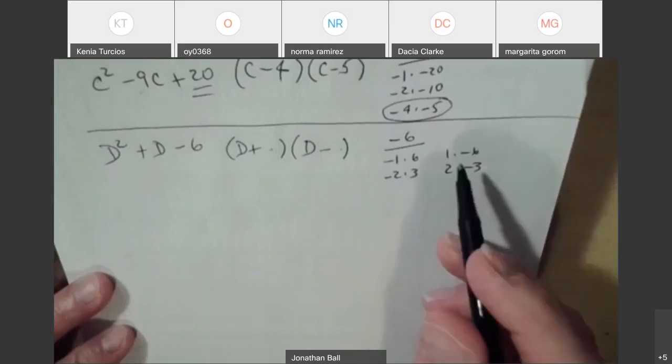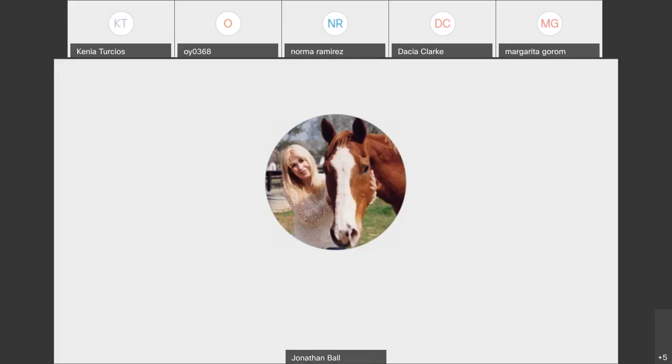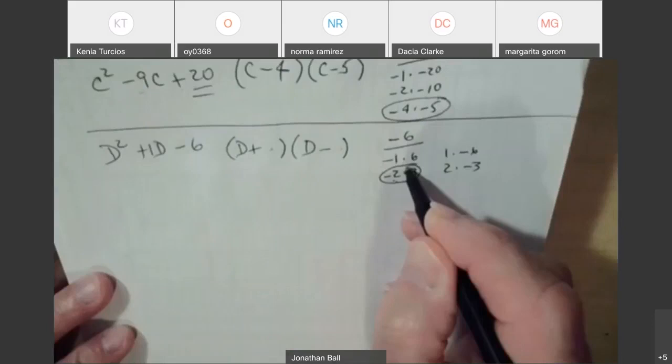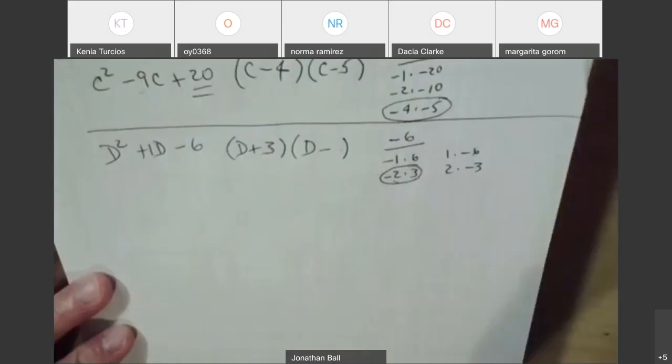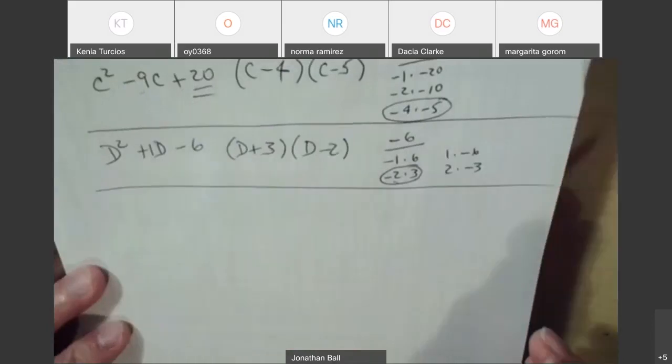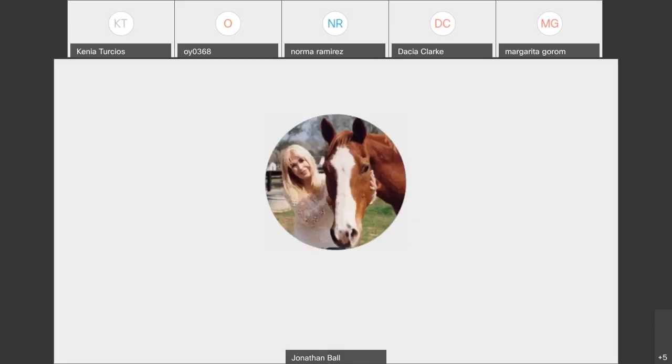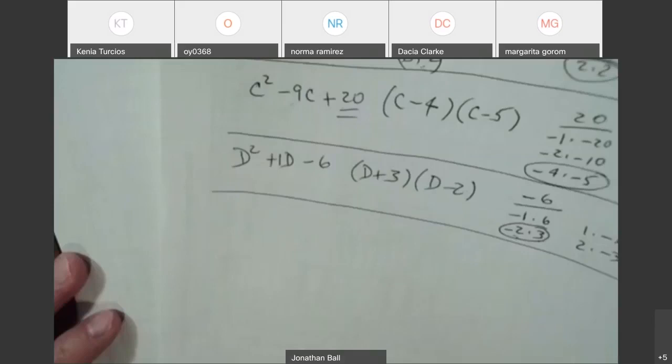But when you add these two together, 3 minus 2 is 1. So it's D plus 3 and D minus 2. Okay?